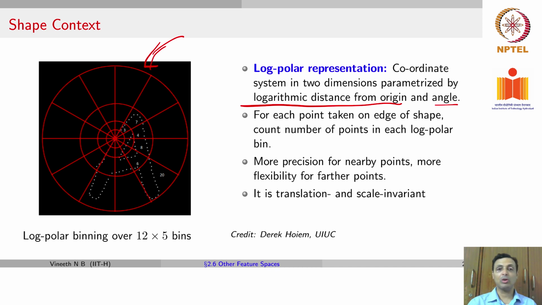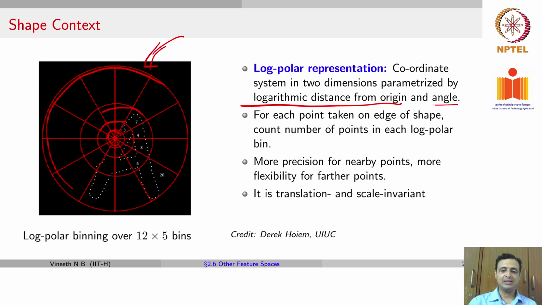In this log polar representation, you can see that there are perhaps something like 1, 2, 3, and 4 regions in terms of log distance, and then 12 bins in terms of the angles themselves.